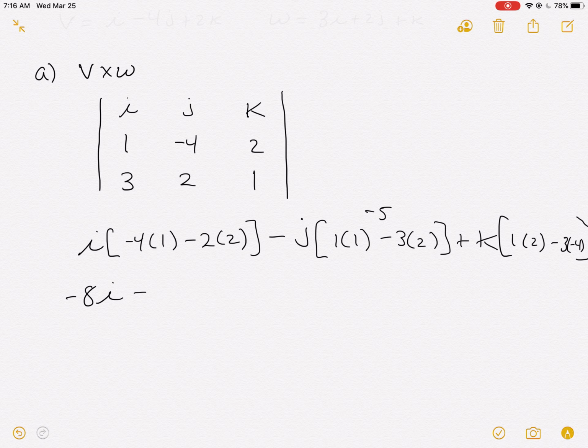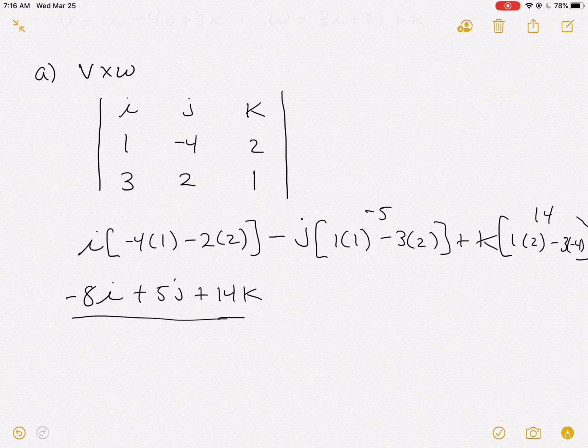And a negative of negative 5 is plus 5j. And then for k, we have 2 minus a negative 12, so that looks like it's positive 14. Then times a positive k is positive 14k. And that is the cross product.